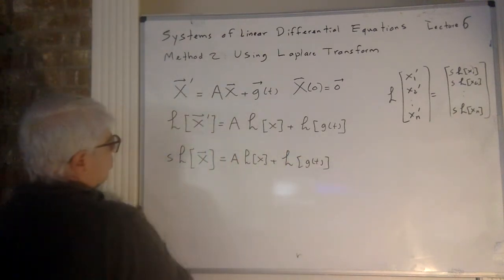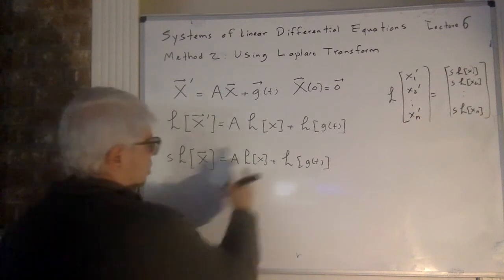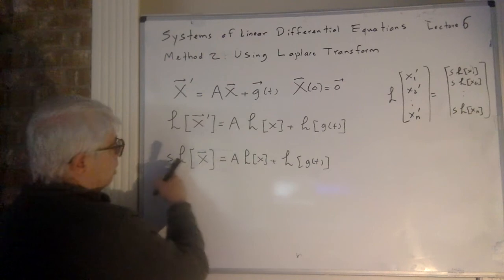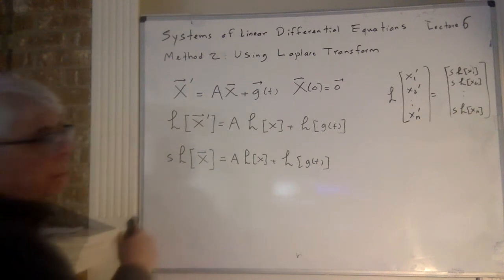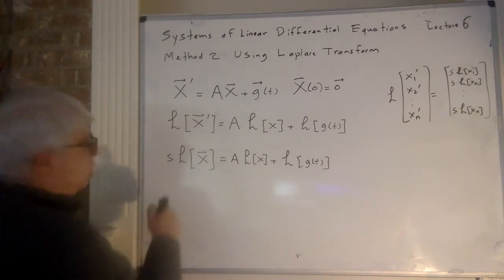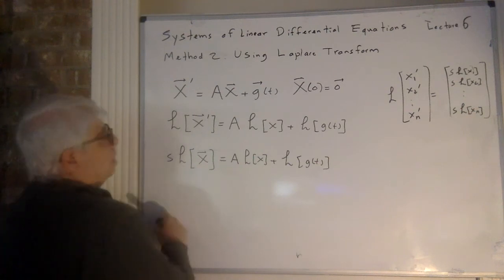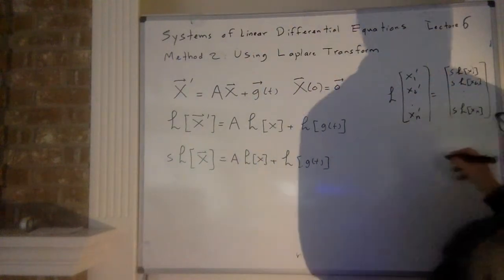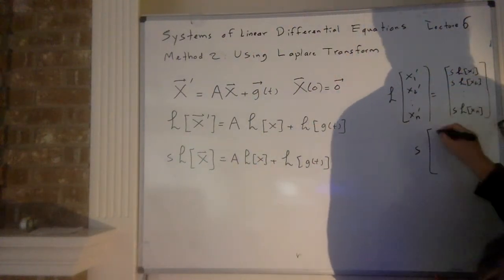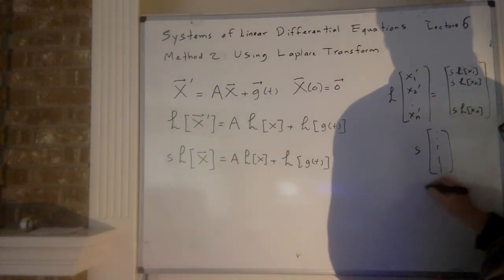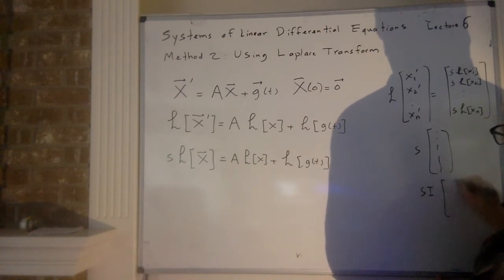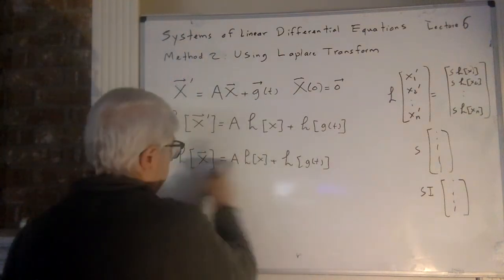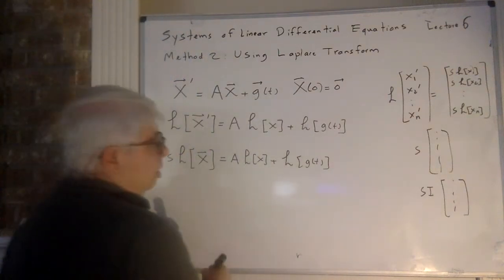So I have to solve for Lx, the Laplace of x. I bring this one to this side, and this is a matrix A, n by n. This is a constant. Remember, it's like that A minus lambda I. So this will be sI in fact. When I write s times these things, it's like writing sI times this. Because I have to subtract A from that sI, so it's the same thing.